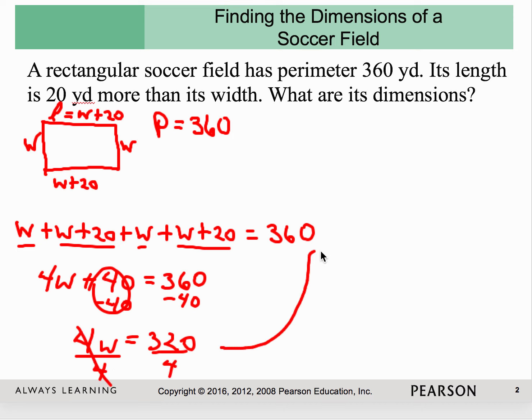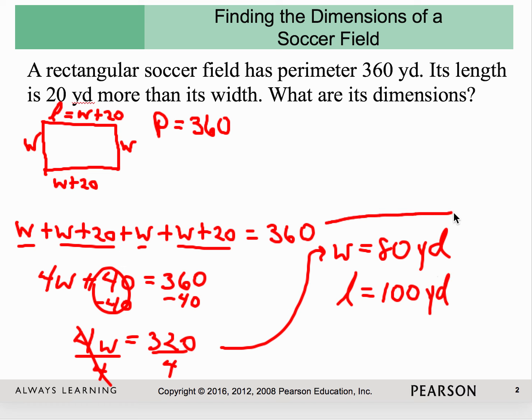W is 80. 80 yards. And the length is that plus 20. So the length is 100 yards. Okay, so not too bad, right? That one's not too bad.